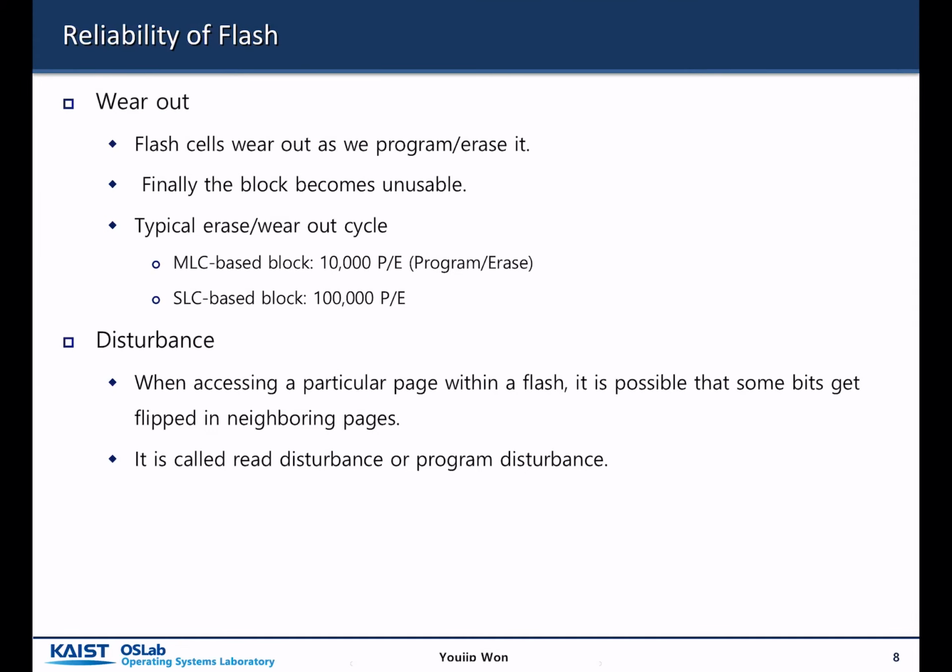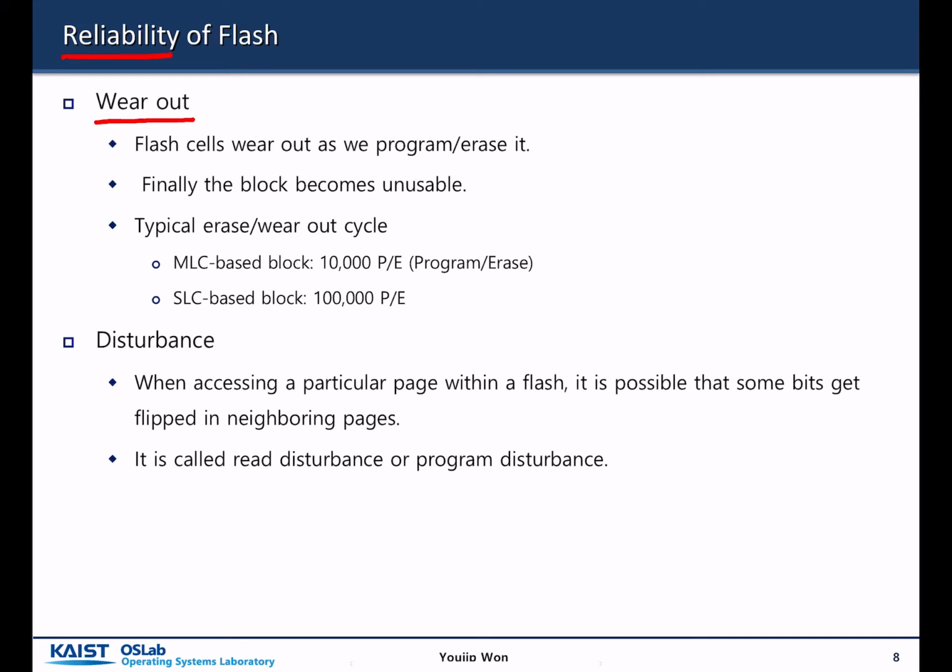There is some issue you have to be made aware of. That's reliability. First, the flash memory wears out. It's like a paper. If you write something with a pencil and then erase it, and write something with a pencil again and erase again, if you repeat erase and write, then eventually the paper wears out, and if you do it many times, the paper will be torn.